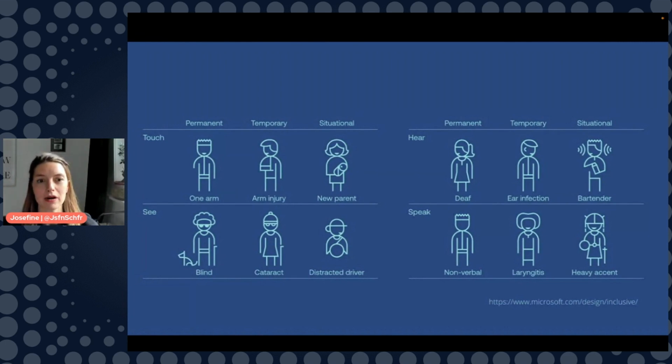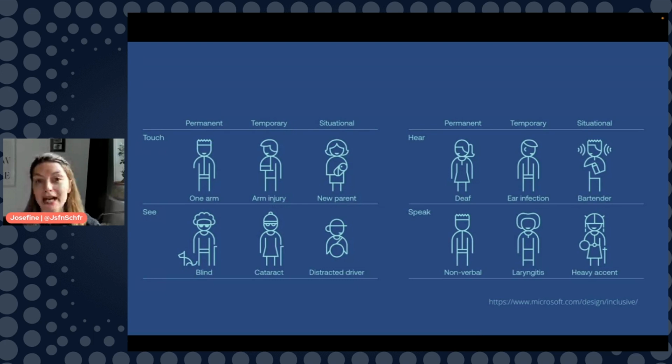So for example, in this table, they're talking about temporary disability or situational limitations. So that could be a broken arm, or maybe you lost your glasses. And situational would be, well, maybe you're in bright sunlight or in an environment where you can't turn up the sound. Maybe you have a slow internet connection. And all of these are cases in which web accessibility is super beneficial.